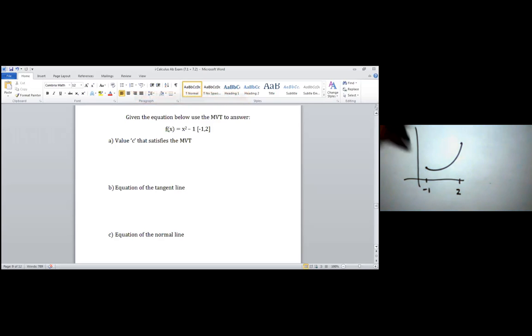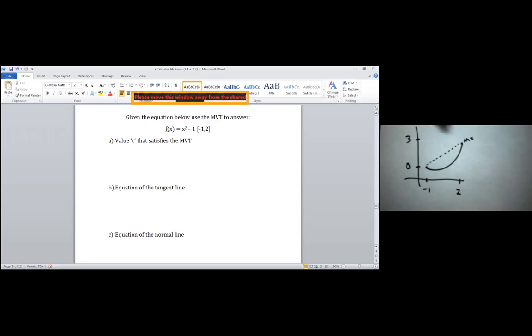If we plug those points in, if I plug in -1, I've got 1 minus 1 would be 0. If I plug in 2, I've got 4 minus 1, which would be 3. There's the regular slope I'm looking for.